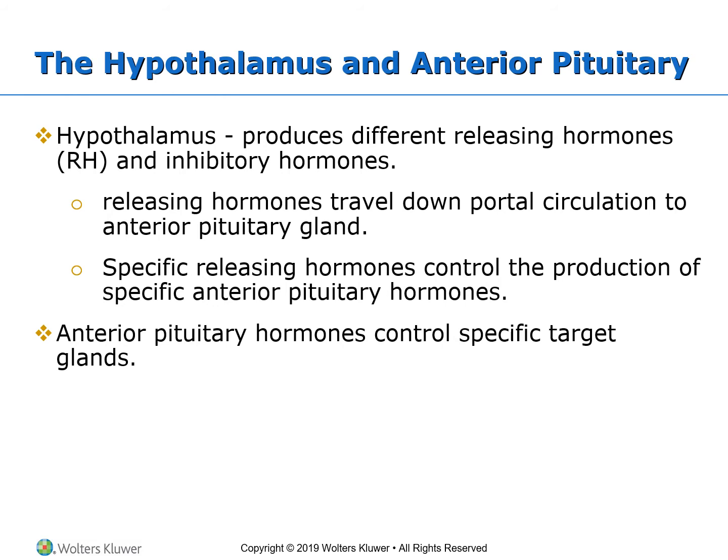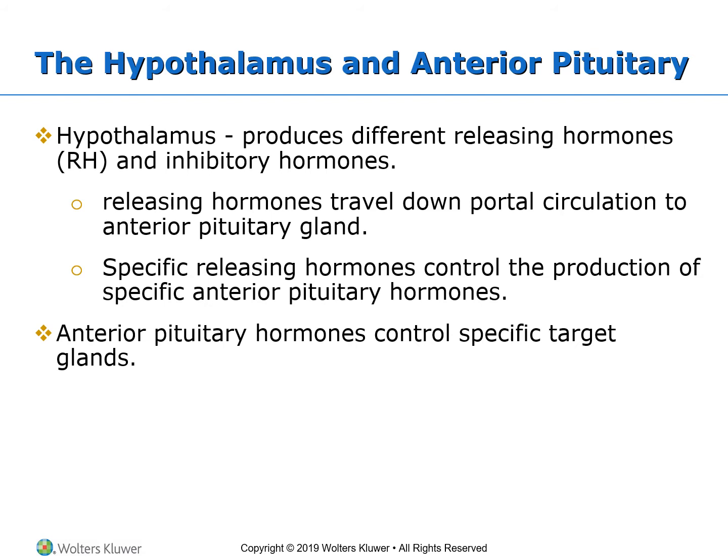At the level of the hypothalamus, we have the releasing hormones. You will recognize them because they are marked with a capital R and H, releasing hormones. And their names will be the same as the hormones that they produce in the pituitary gland.